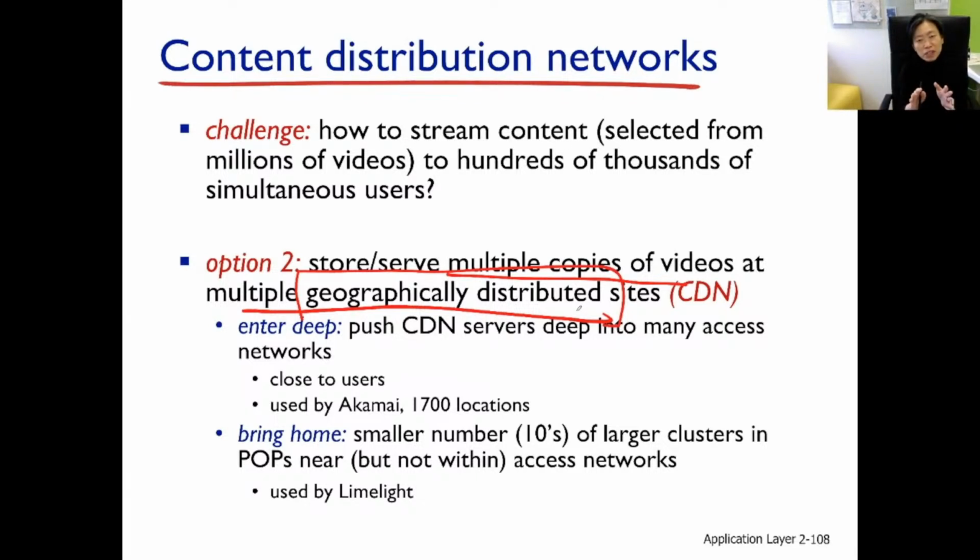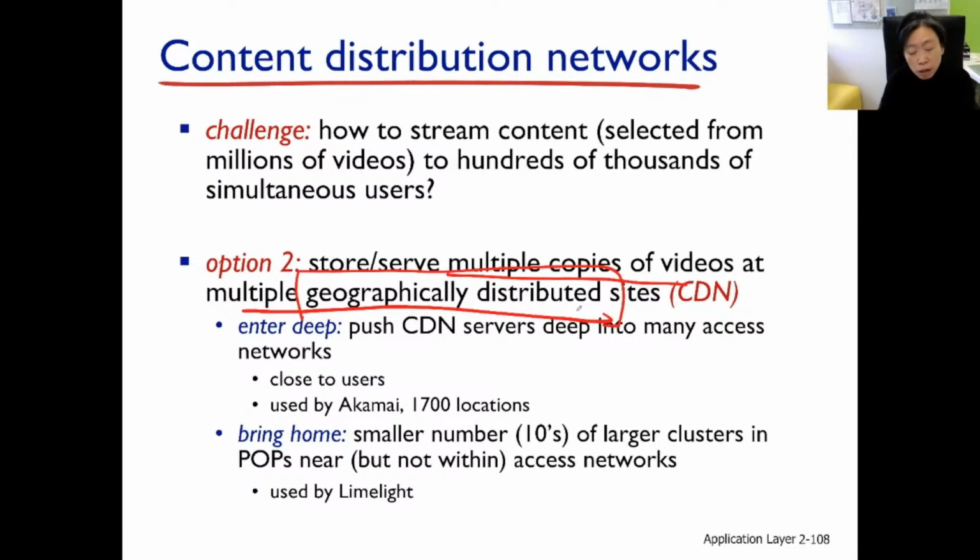The point of doing this is that if there's a server here, the clients around it will be able to communicate and get the content within the local area. Therefore, the network capacity, other than this part, can be opened up for other clients interacting with other servers. So the number of duplicate video transmissions can be reduced. A more efficient, more thrifty way of utilizing the network resource.